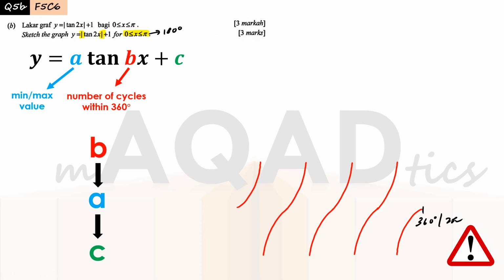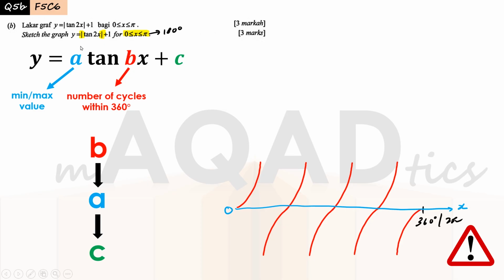But what we do know from A is that we are able to find the middle line of the graph. Because just now I mentioned the maximum is infinity and the minimum is negative infinity, the middle line here would be 0, or the x-axis. So this is the x-axis and this is the middle line of the graph. Before we go into C, if you look at the equation here, A and B are inside the modulus.